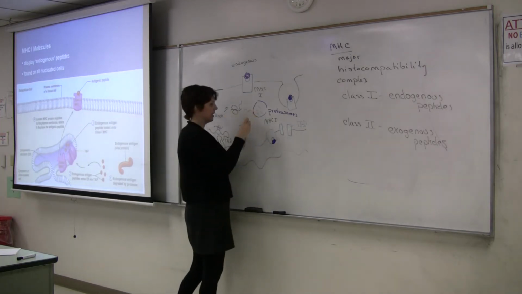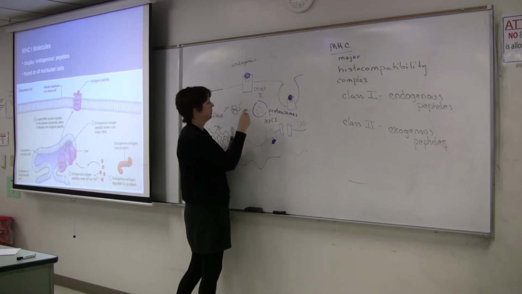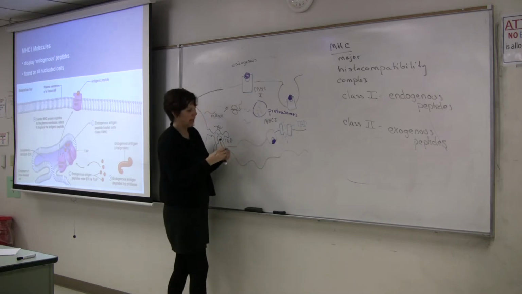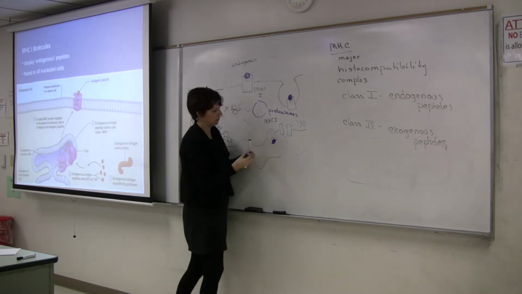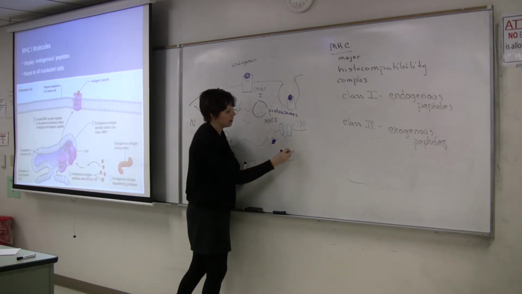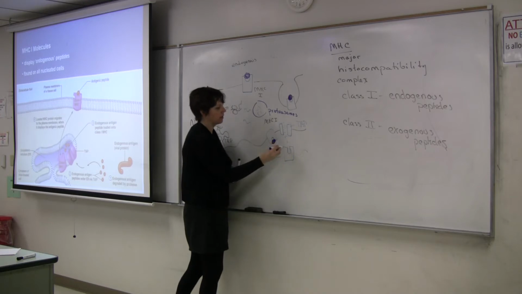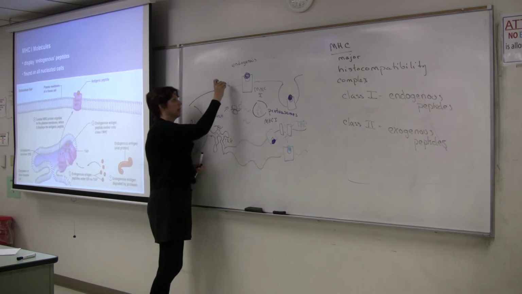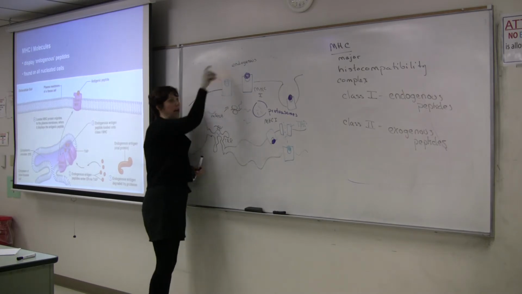And these little pieces, actually I should make them purple, but anyway, these little pieces pass into the ER, and they can also be inserted onto a major histocompatibility type 1. They are also considered to be endogenous proteins.